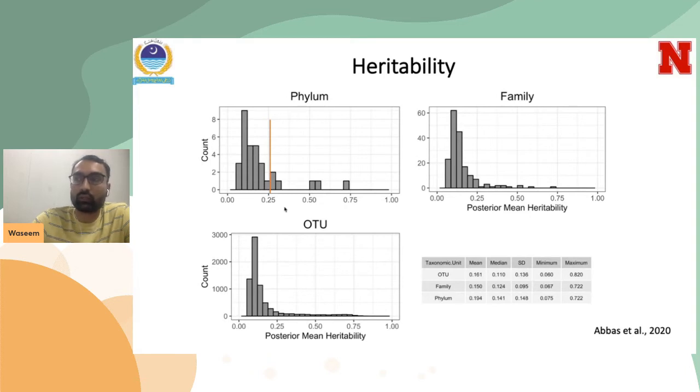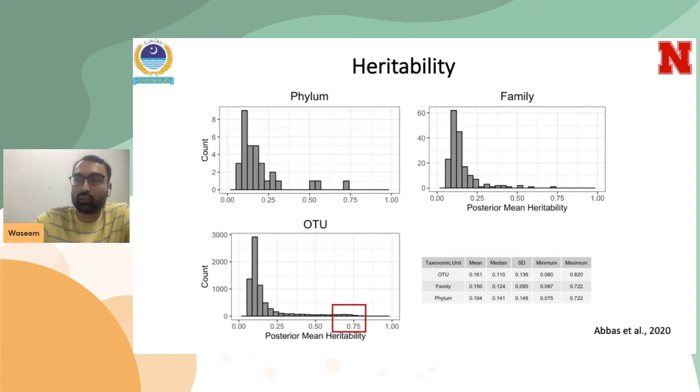There were 3 to 4 phyla with heritability more than 0.25, and the same was true for the family and OTU levels. When we looked at some of our highly heritable taxa, we have one phylum with really high heritability, a couple of families with high heritability, and for the OTUs, a lot of different bacterial species.